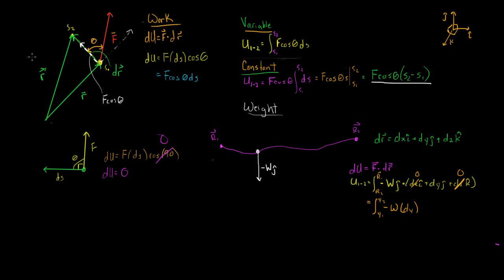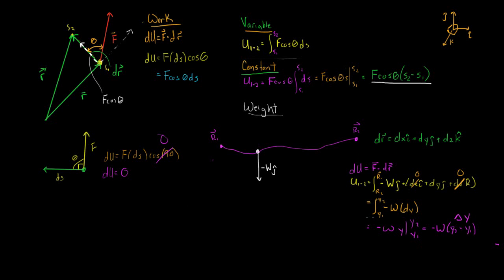So this dy is what we take this integral with respect to. And when we do that, we get minus w y evaluated from y2 to y1. And this is going to be equal to minus w times y2 minus y1. And this is essentially delta y, that's our difference in height.